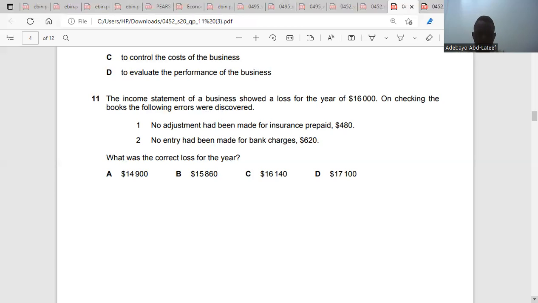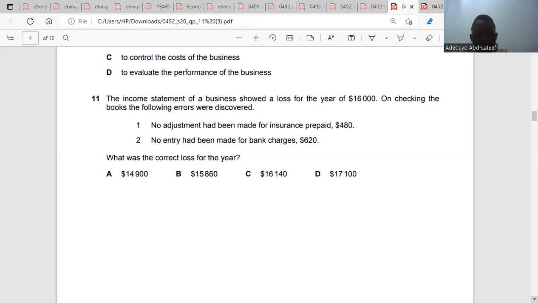No entry has been made for the bank charges. So we have 16,000, and 480 minus 620. That's 140. So we have 480 minus 620.